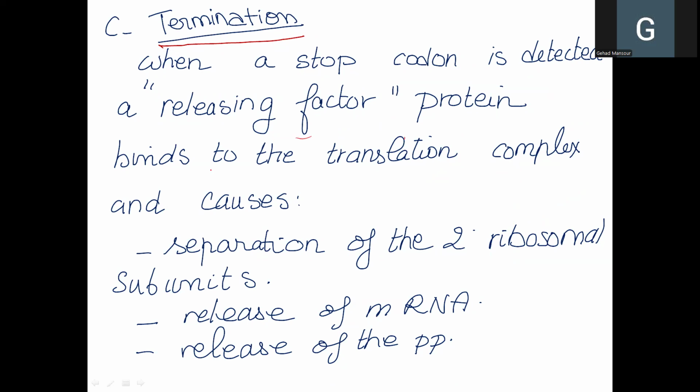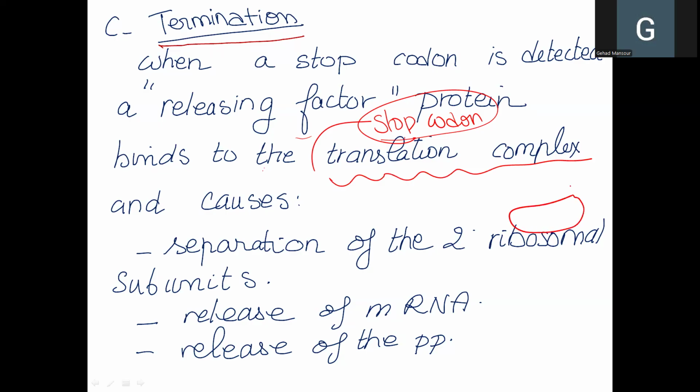It will bind to, here it's written that it binds to the translation complex, but before saying that, you have to say that it binds to the stop codon. And when it binds to the stop codon, at that moment the translation complex is complete, because the translation complex will consist of the ribosome, the releasing factor that looks like the transfer RNA, and the stop codon, in addition to the messenger RNA, of course.